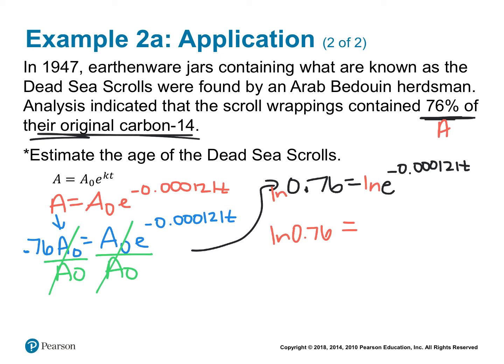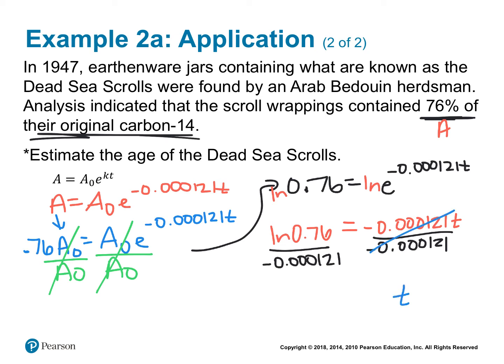So that's going to bring this down. Natural log of E will cancel out, so our last step here is to divide by this decimal, and that will get the T by itself. So if you divide those numbers, you're going to get about 2,268 years old.